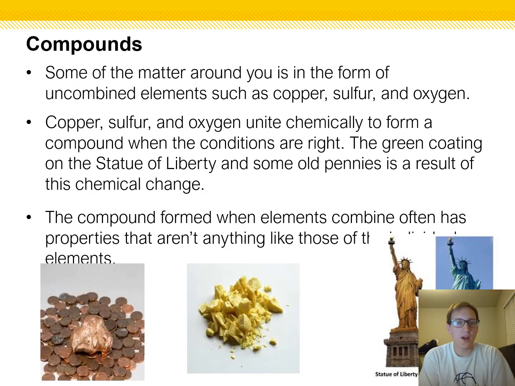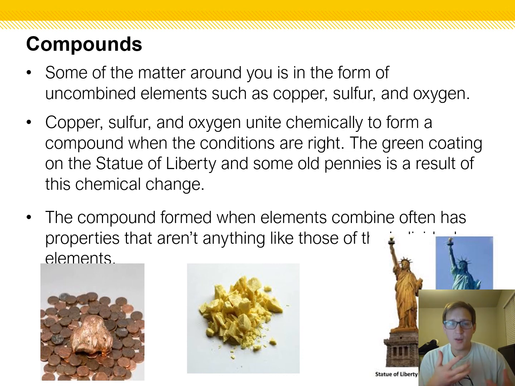All right, so let's start with compounds. Some of the matter around you is in the form of uncombined elements such as copper, sulfur, oxygen. Copper, sulfur, and oxygen unite chemically to form a compound when the conditions are right. The green coating of the Statue of Liberty and some old pennies is a result of this chemical change. The compound formed when elements combine often has properties that aren't anything like those of the original elements.